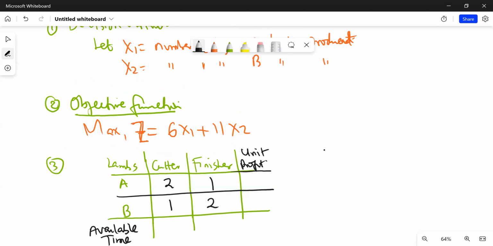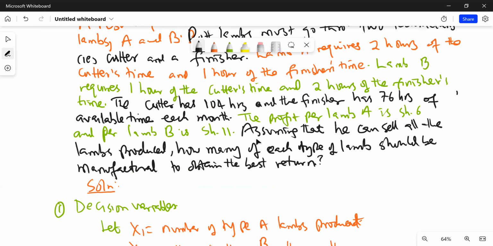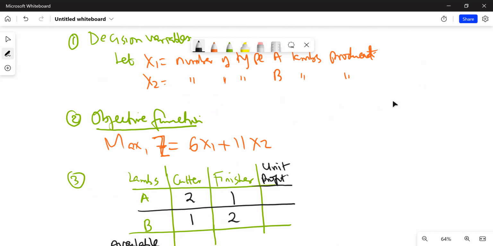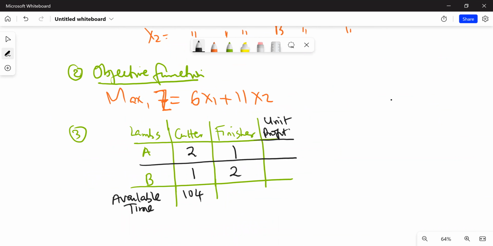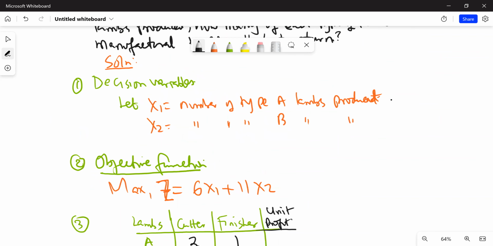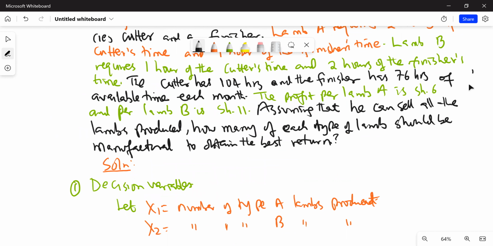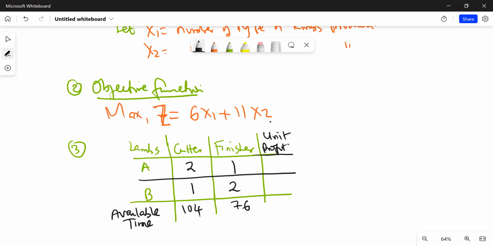The cutter has 104 hours available and the finisher has 76 hours available. That's what we have at our disposal. And the profit per unit: each lamp of type A, the profit is 6, and each lamp of type B, the profit is 11. So we have summarized all the information in that table.